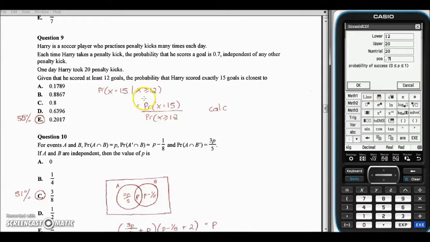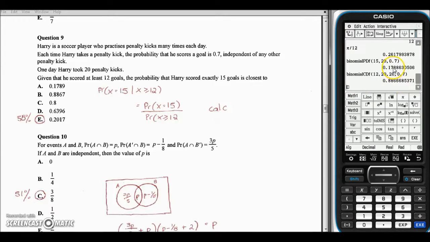If you're wondering with the first one, yes, I could have just done 15 and 15 here, so I could have used CDF for both, but I didn't. So I divide my two answers and I get 0.2017, which is the answer.